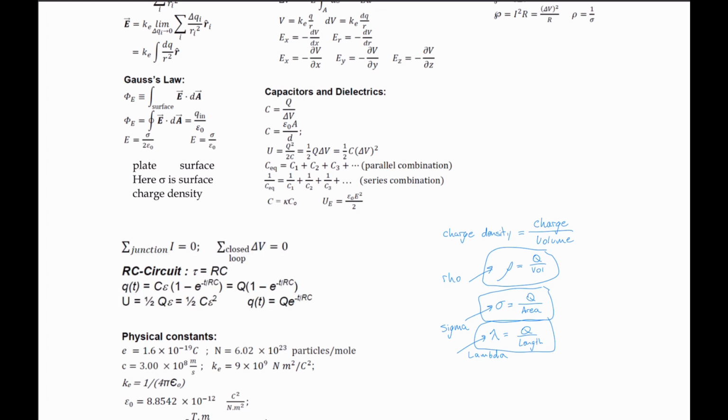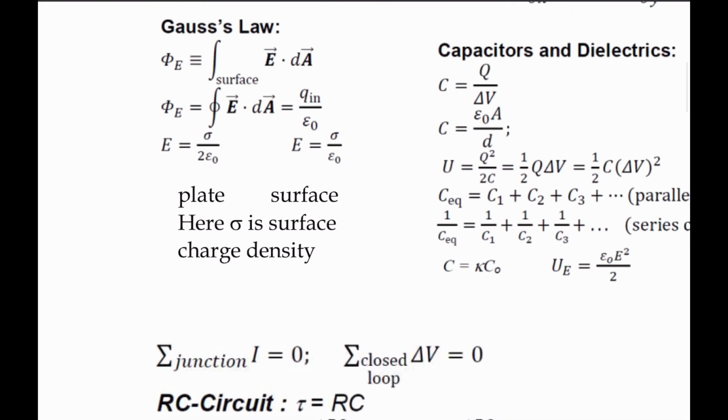Cool. So these things here that I was going to tell you about are electric fields. As you can see, they have a surface charge density, and they have 2 epsilon naught here, and here they have epsilon naught. These are actual equations for the electric field of two-dimensional objects.